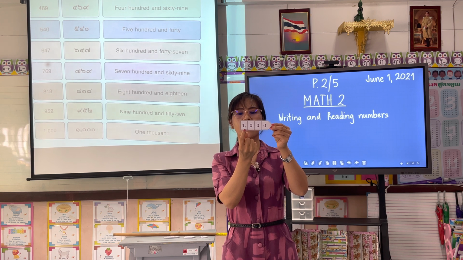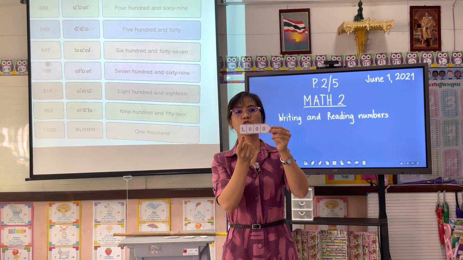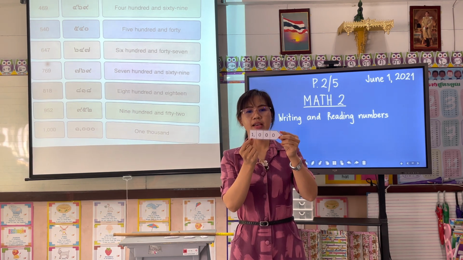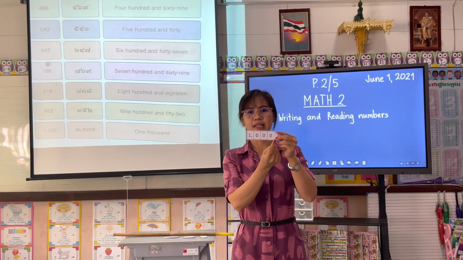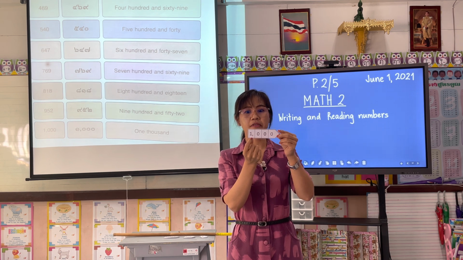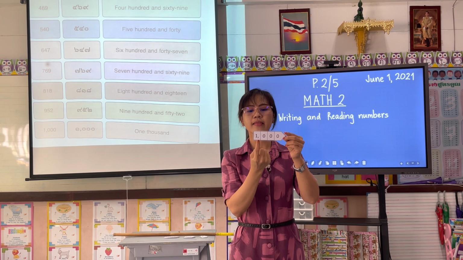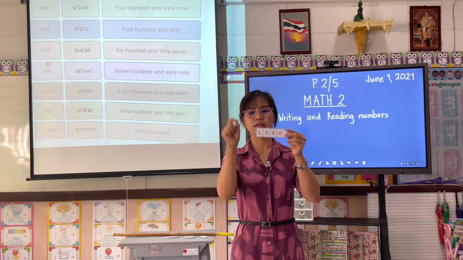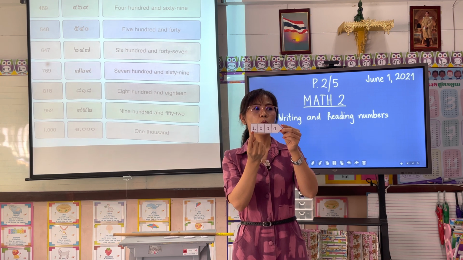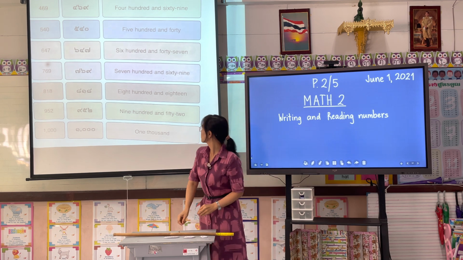Okay? It's easy for us to read if we have a comma when our number is in thousand. All right, so 1,000. So when we write 1,000, make sure that you insert your small comma. All right, so this is 1,000.